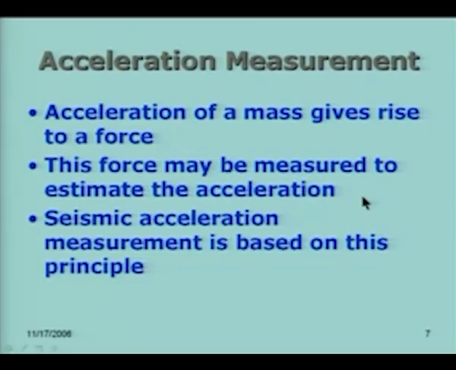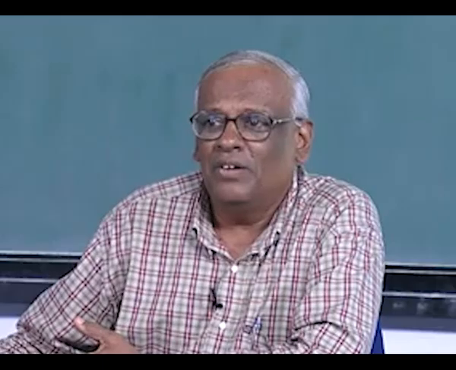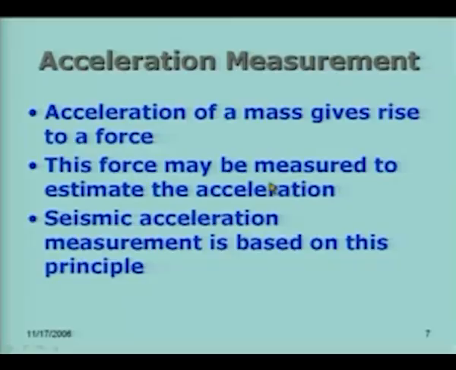For example, a spring can deflect, and the force can be measured with the spring, and from that I can find out the corresponding acceleration if I know the mass which is undergoing the acceleration. That is how you work it out. For example, a seismic accelerometer is based on this principle.